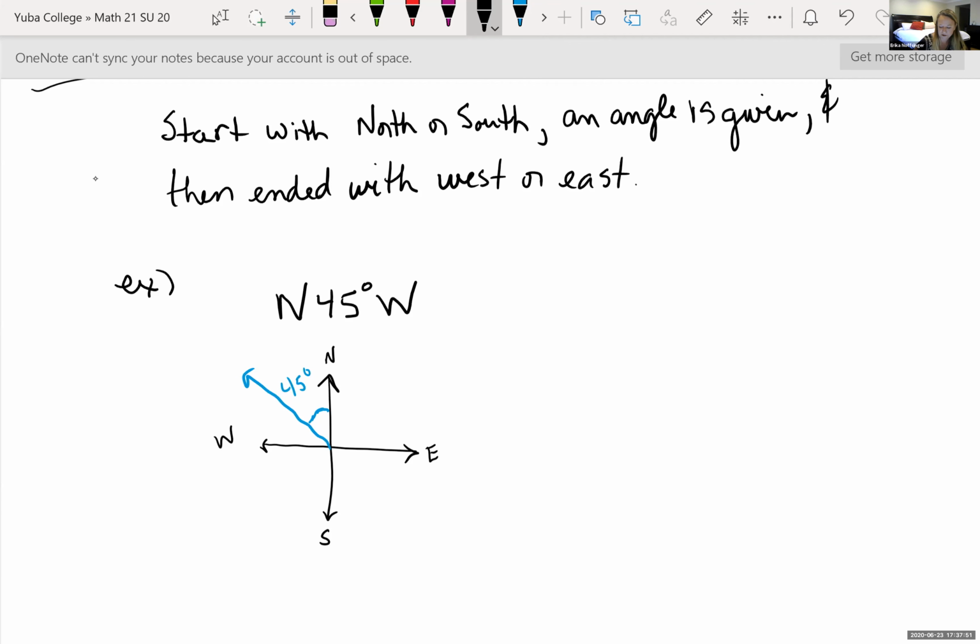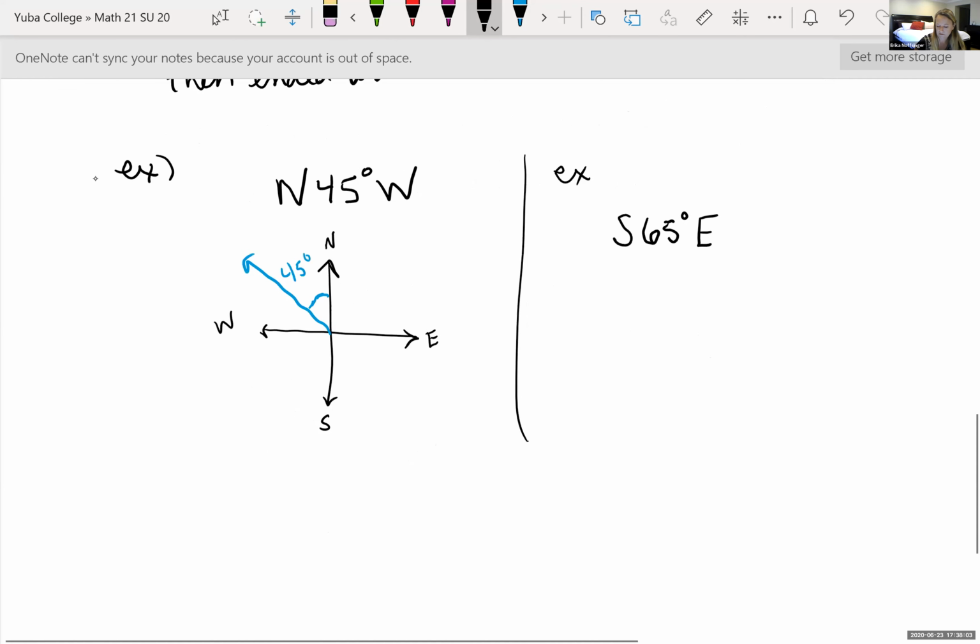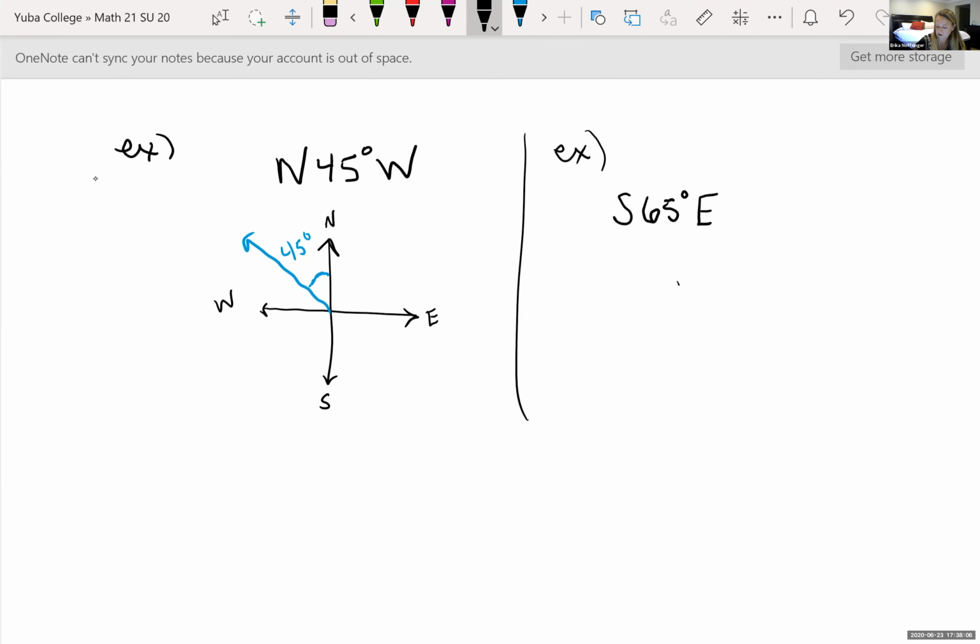Another example could be south 65 degrees east. I would start at the south and head east, going 65 degrees. So just approximate.